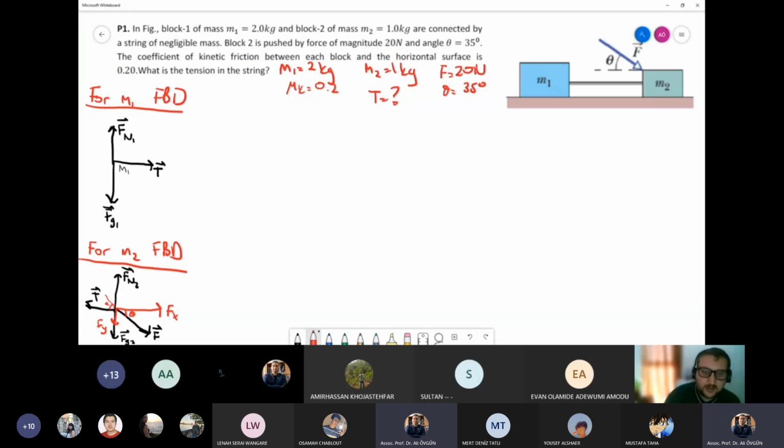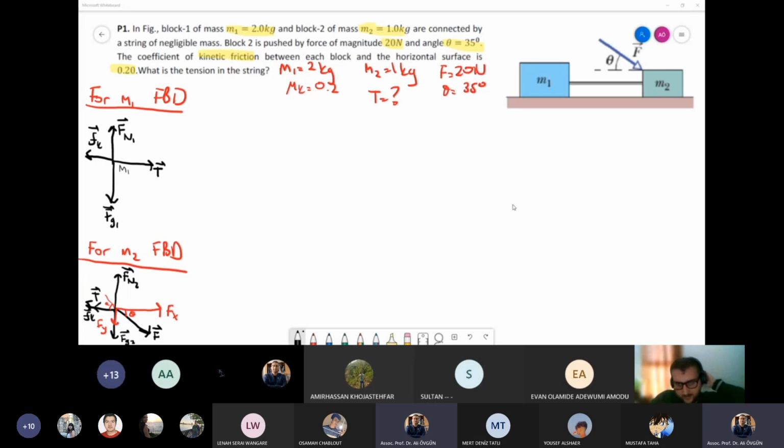Another important thing is friction force, because in the question they said that there is a friction force. There is also kinetic friction. So let's draw also friction force for both of them. Fk, and for this one, it is also Fk. Okay. So after you draw the free body diagram, now you can solve the problem.